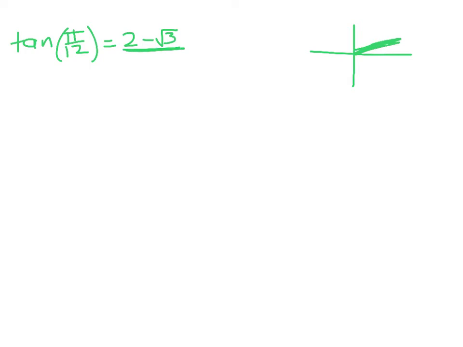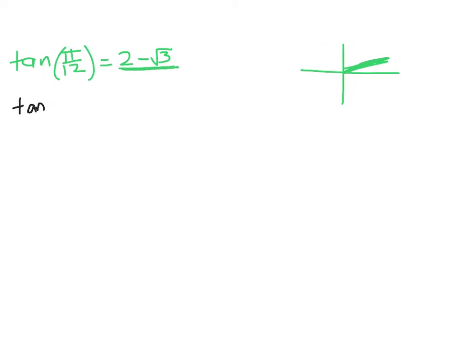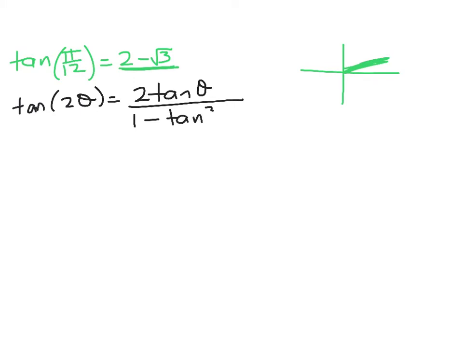Pi on 12 is somehow related to pi on 6. So let's start with the double angle formula and see where we get to. So tan of 2 theta is equal to 2 tan theta over 1 minus tan squared theta.